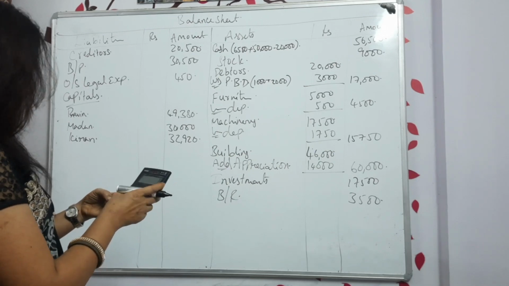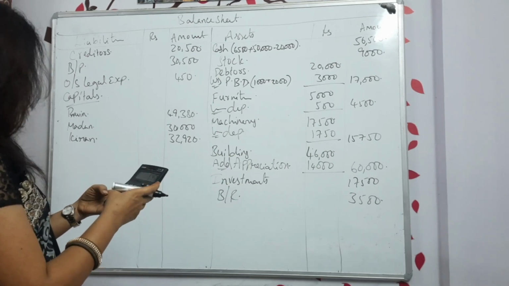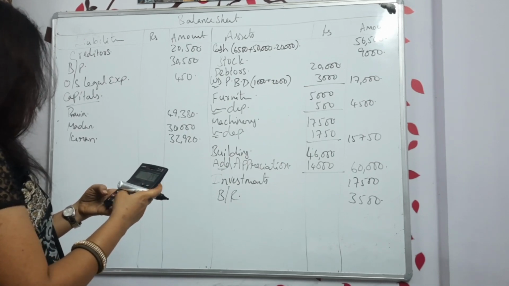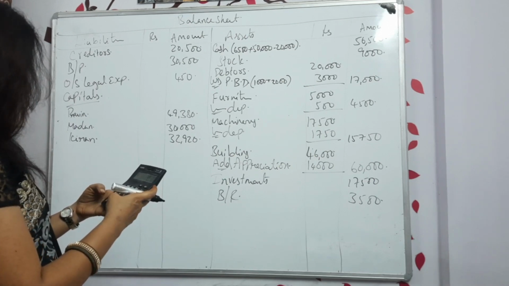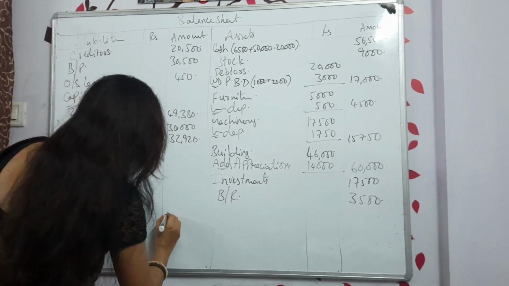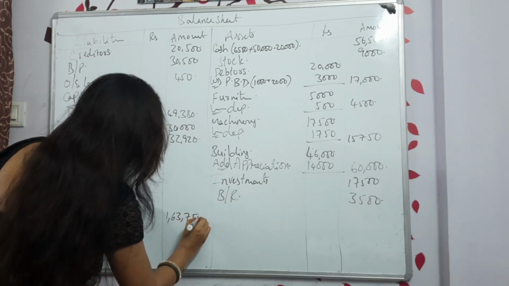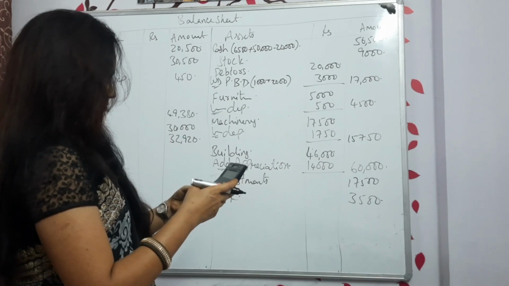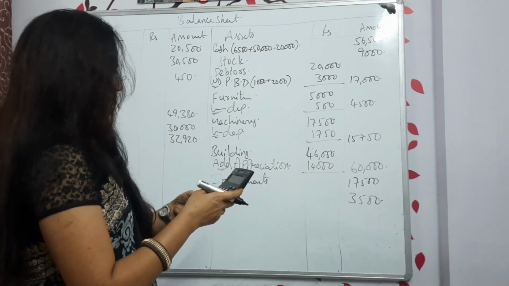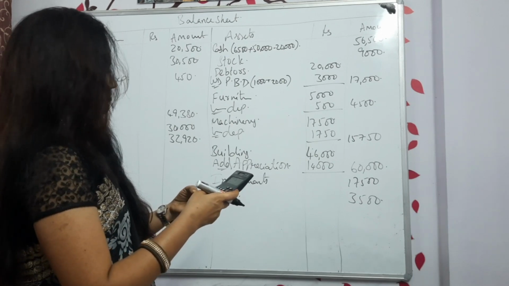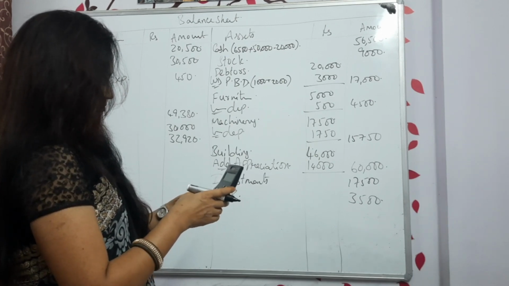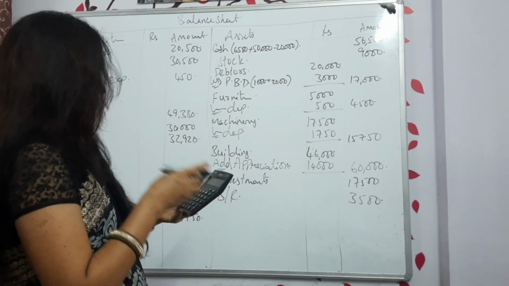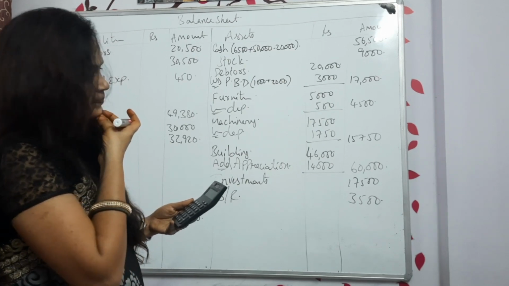20,500. One lakh 63,750. Liabilities, let me check. 56,500, 9,000, 17,000. 20,000 difference we are getting.